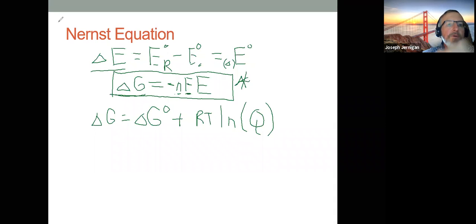All right, let's keep on going down with this thing here. Now, I'm going to say delta G0 is equal to minus NFE0, with a minus sign, and delta G is equal to minus NFE.